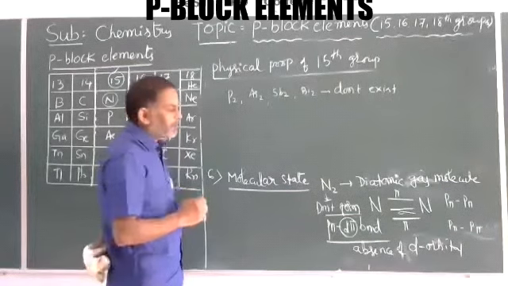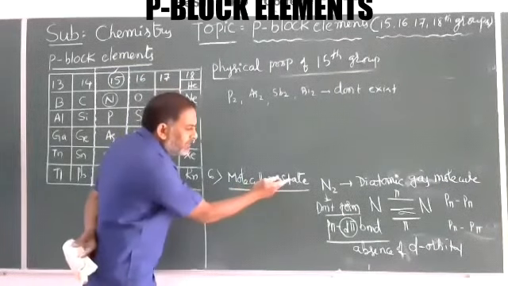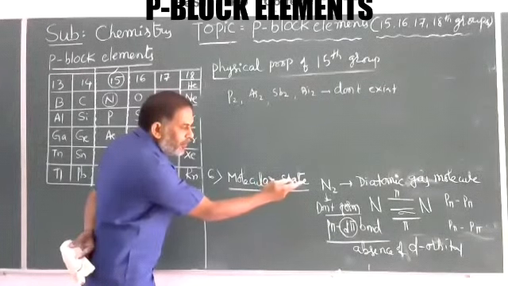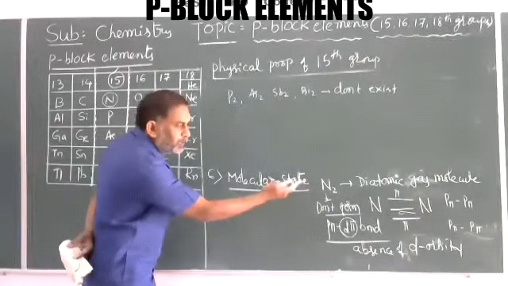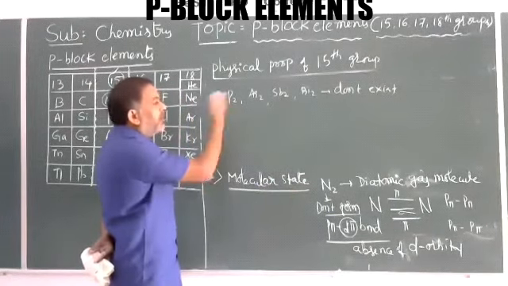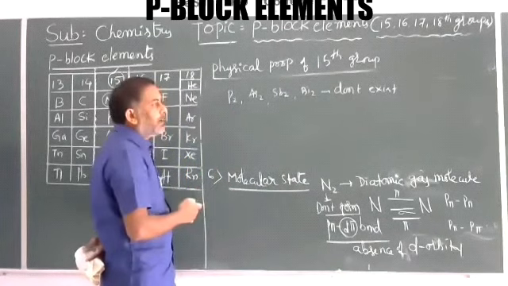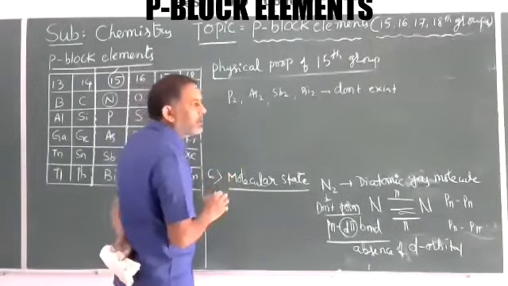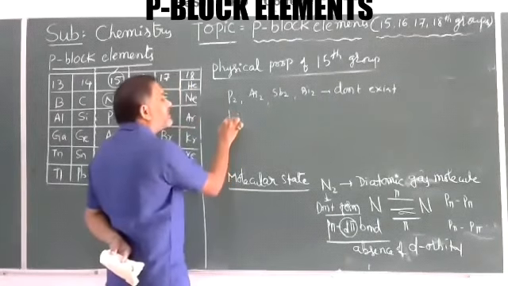Because of its small size and the unavailability of d orbitals, nitrogen readily forms a diatomic triple bond, with p pi bonds. But with the availability of d orbitals, electrons are excited and singly covalent bonds form, so P4, As4 and Sb4 molecules are available.